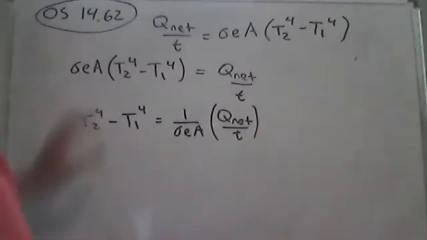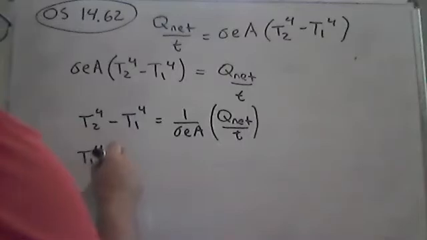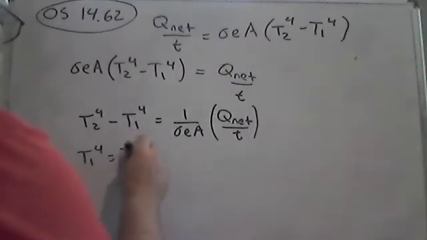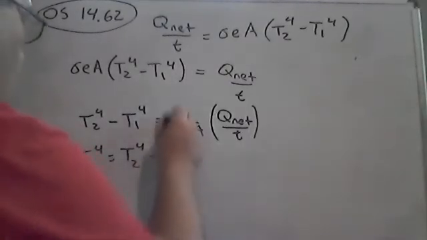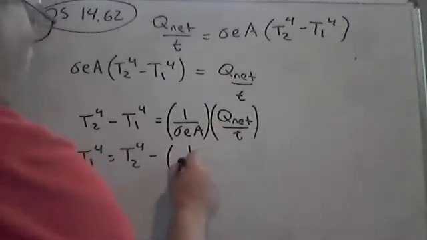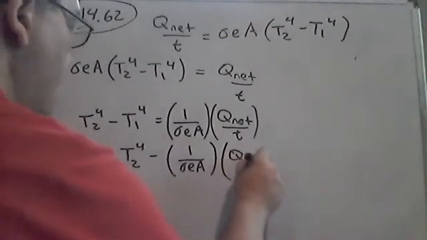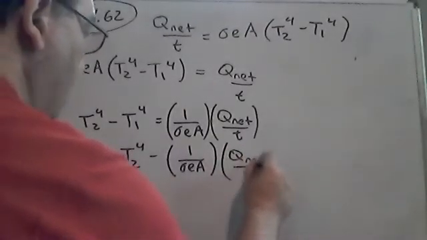Now what I'm going to do is put the T1 to the 4th on one side and the sigma EA on the other side, and I can write that T1 to the 4th is equal to T2 to the 4th minus 1 over sigma EA times a quantity Q net over T.